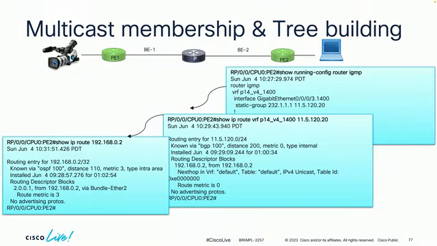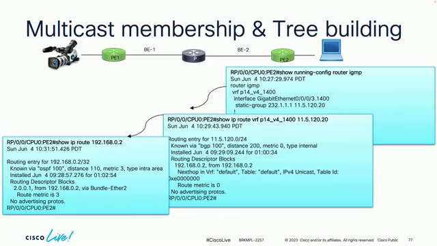Then if we send a first join, what will happen? When we send a first join, the same rule applies as for MLDP in-band. The very first step is I need to see if I have reachability to this particular source, which is 11.5.120.20. So you need to check if you really have reachability to the source for which the join has come.